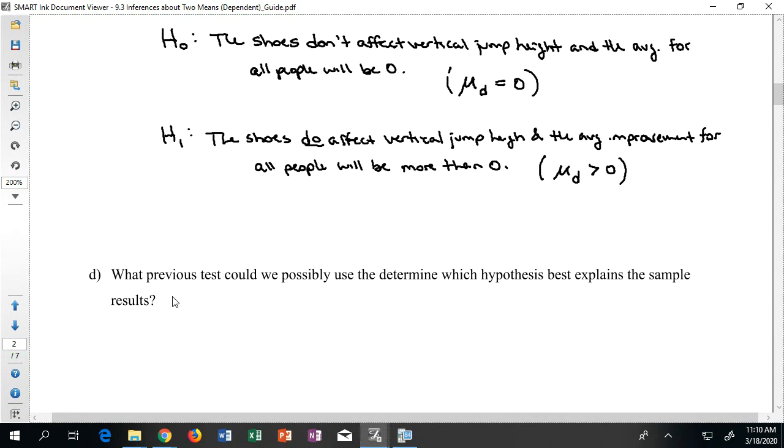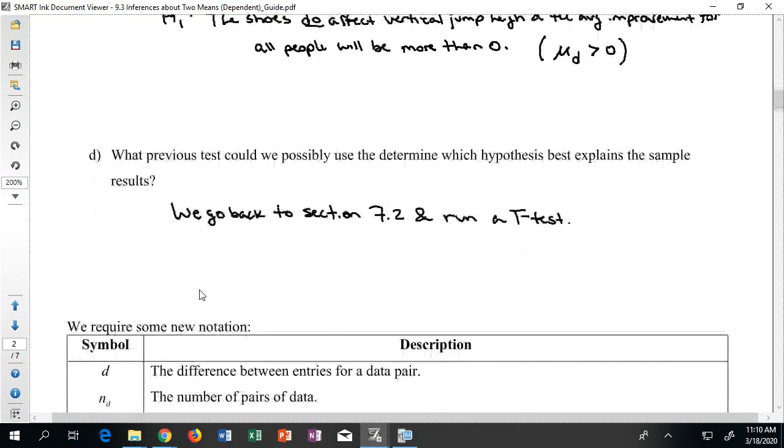I could actually go back to section 7.2 and we could run a t-test. So this is really, really great. The best part about this section is that we only have to introduce or use ideas from previous sections.